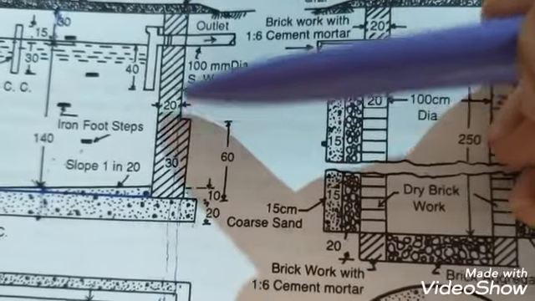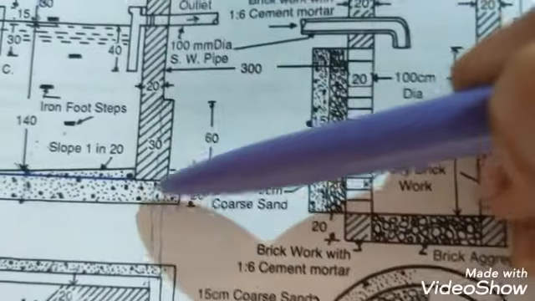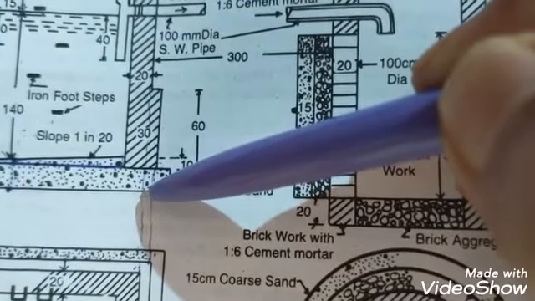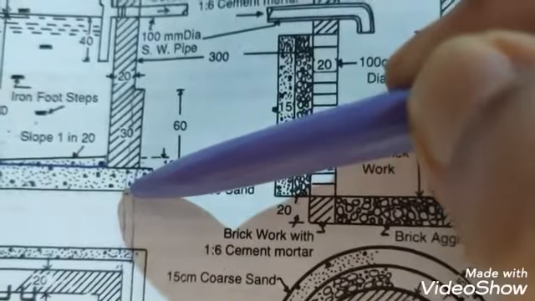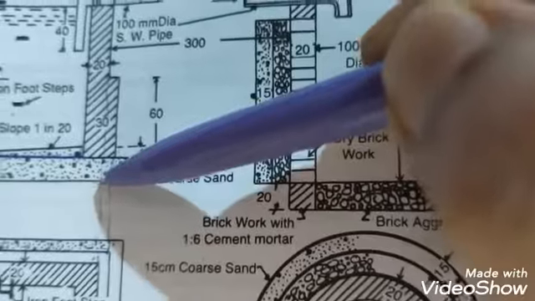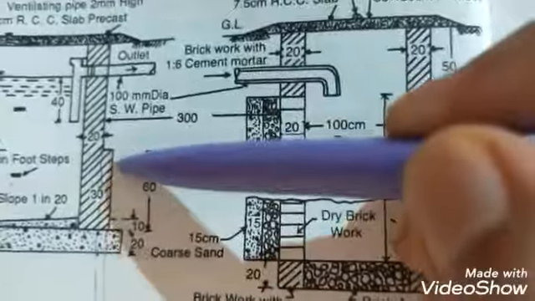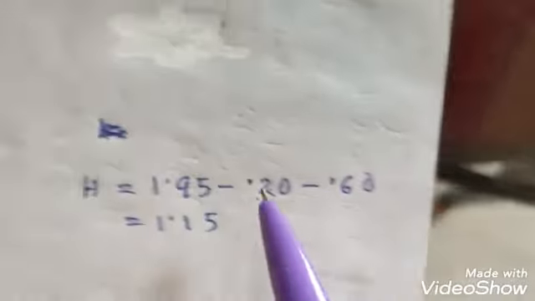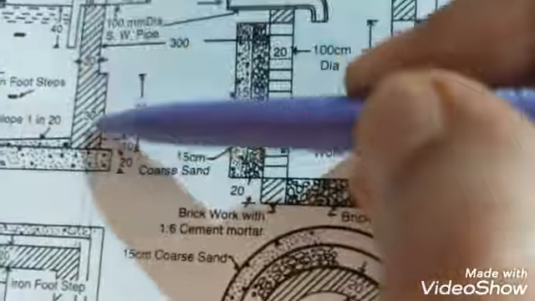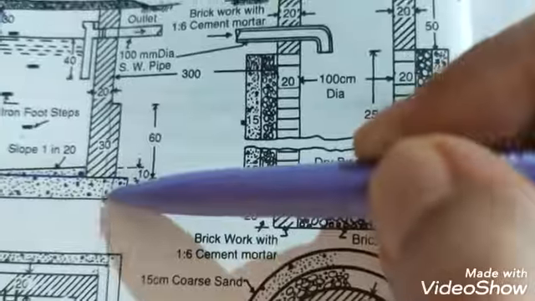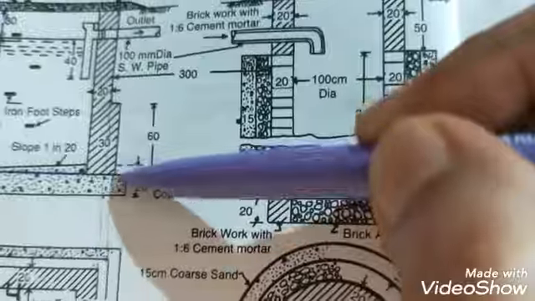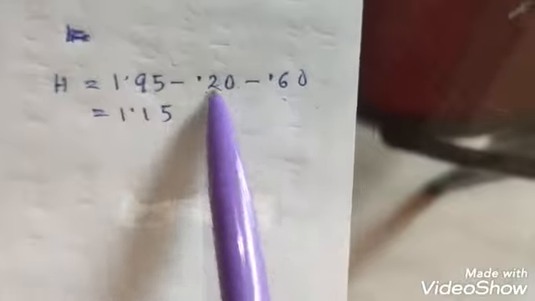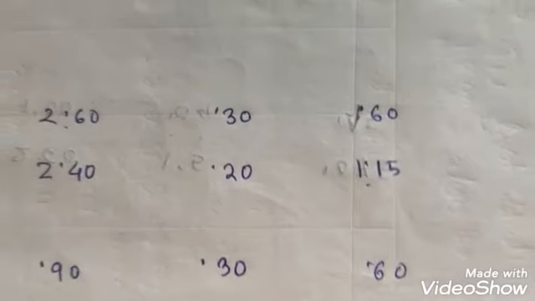But from here to here we know. So minus this is 20, so minus 20. And minus this is 60, so minus 60. From 1.95, the total height, we have deducted 0.2 and 0.6 and we have got 1.15. So 1.15 is the height of the second step.